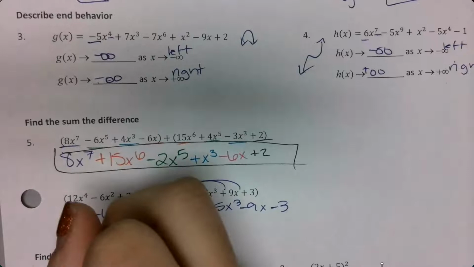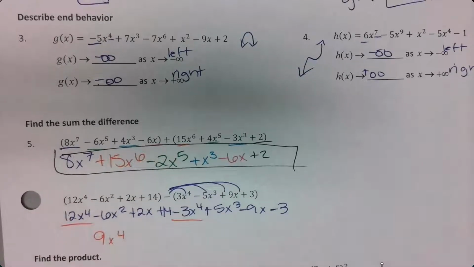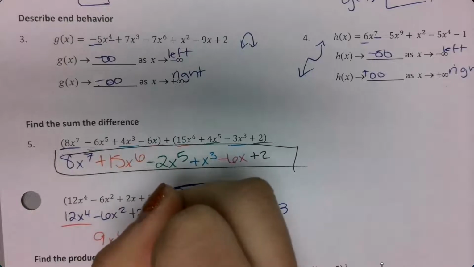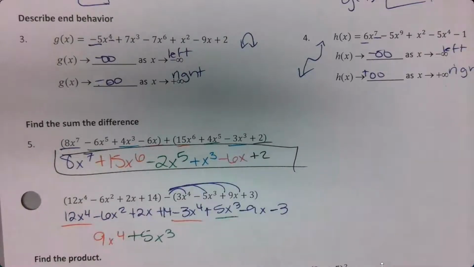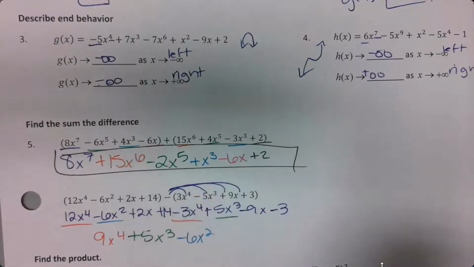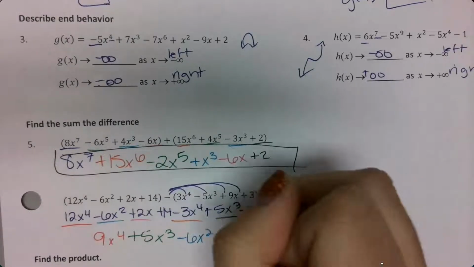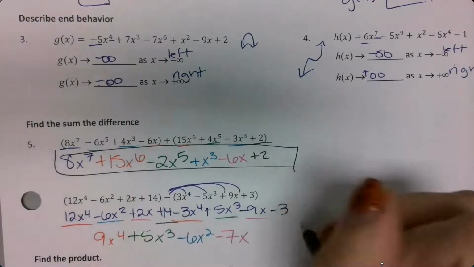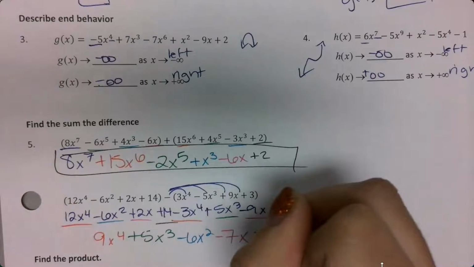That's going to give me 9x to the 4th. I only have one cubed term, that is 5x cubed. Then I have one squared term, that's -6x squared. I have 2x and -9x, gives me -7x. And then I have 14 minus 3, which is +11.